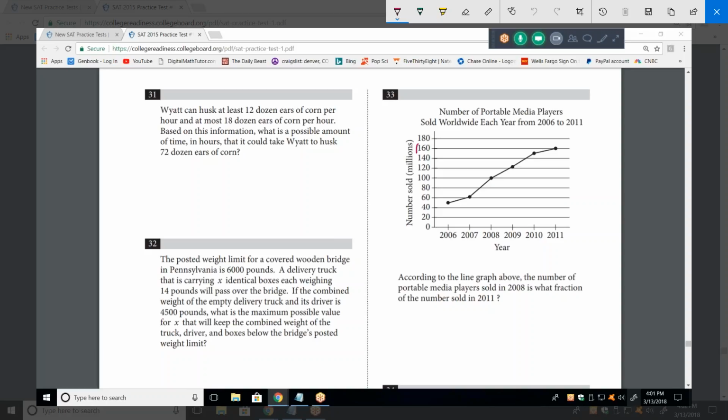The vertical axis is in millions. So this point right here is like 50 million. This point is 60 million. So it's really important that you understand the units, because they may try to trick you. So this first question doesn't look tricky.